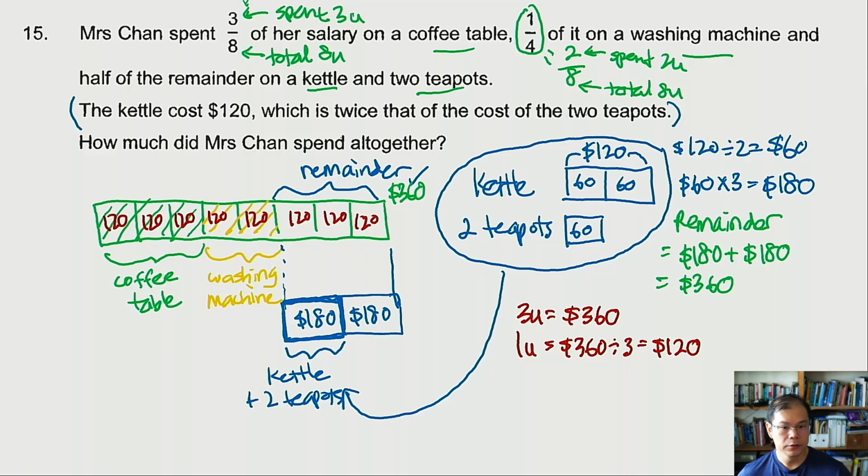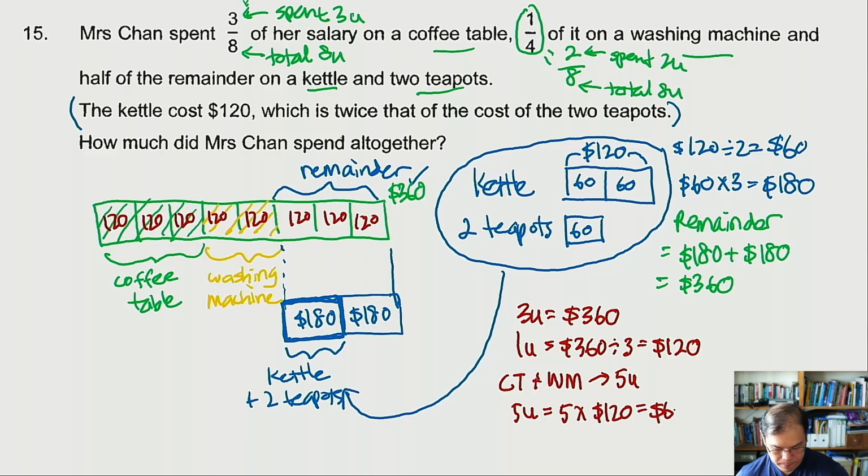Okay, so I can find the cost of the coffee table and washing machine separately, but because the total is 5 units, right? Okay, so I make my own life simple. Coffee table plus washing machine, actually total is 5 units, right? So 5 units altogether is $600. So this is $600.